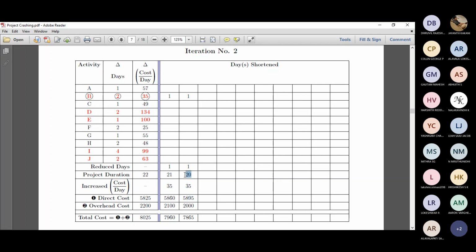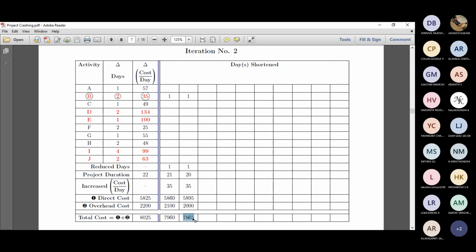The project duration is 20, so 20 multiplied by 100 is 2000. Adding 5895 plus 2000 gives 7895, so the cost has reduced further by around 95.